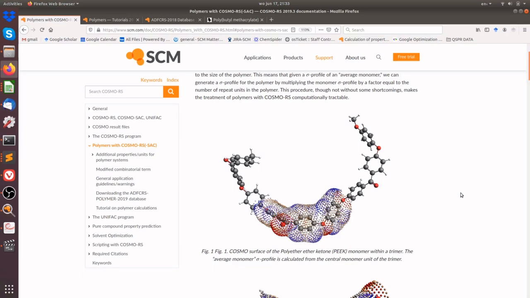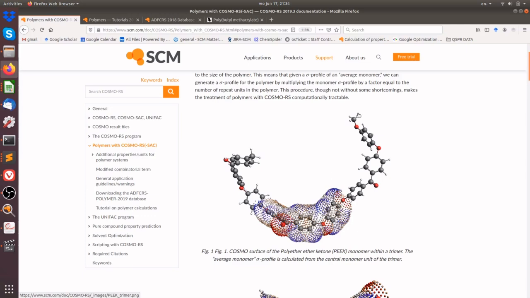The approximation that we make to make this kind of calculation tenable is captured in this picture here. I think it speaks for itself, but I will just give you an idea of what's going on. Rather than model an entire polymeric structure, so in the case of polyether-ether ketone, rather than modeling a 100 or 500 or 10,000 repeat unit polymer, what we do instead is just model the trimer.